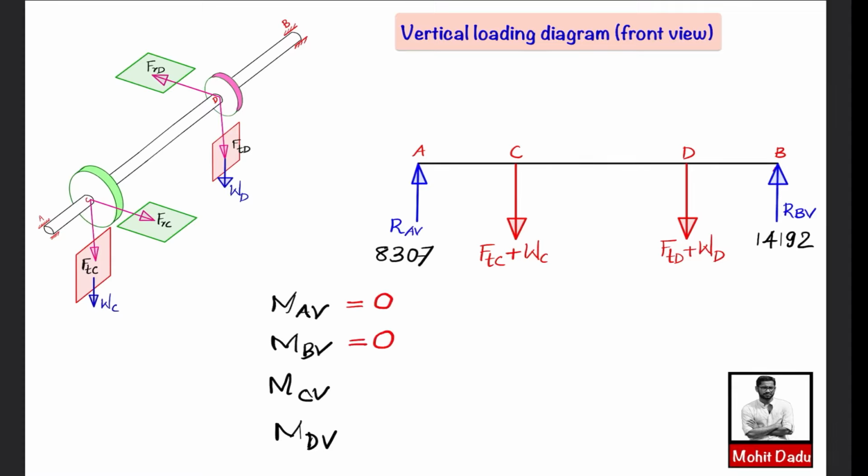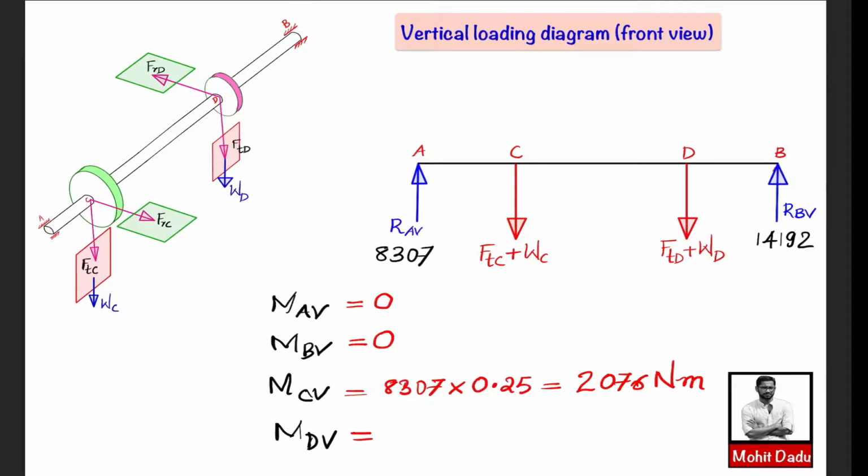For finding the bending moment at C, you will stand at position C and you can look to either side. Looking to the left is easier because only one force is there, which is 8307. So you can evaluate the moment: it is equal to 8307 into the distance between A and C, 0.25 meter, which gives a value of 2076 Newton meter.